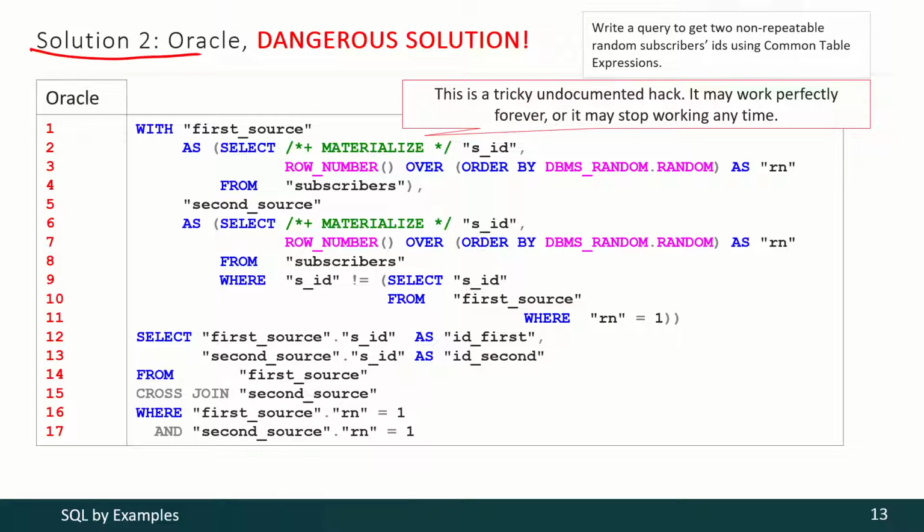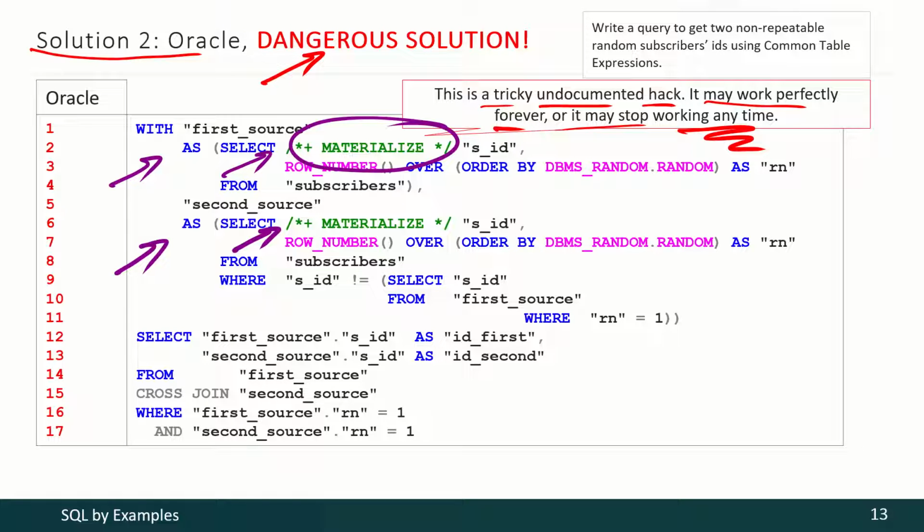Yes, this solution works, but it's also dangerous. It's dangerous because it's a tricky, undocumented hack, and it may work perfectly forever, or it may stop working anytime. With these query hints, we are telling Oracle to make the results of these common table expressions materialized ones. That means that the results will be fixed.